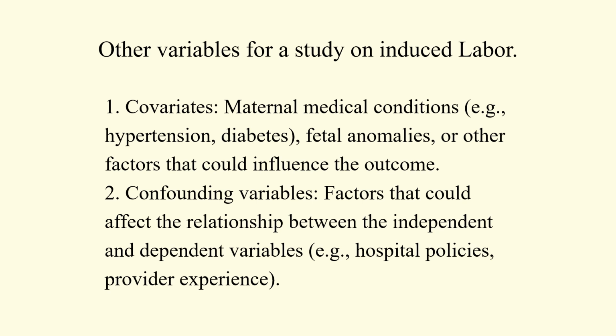Other variables for a study on induced labor may include covariates such as maternal medical conditions, for example, hypertension or diabetes, fetal anomalies, or other factors that could influence the outcome. Confounding variables could also affect the relationship between the independent and the dependent variables, and these could be hospital policies or provider experience.